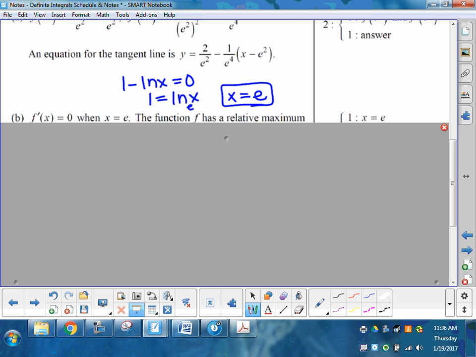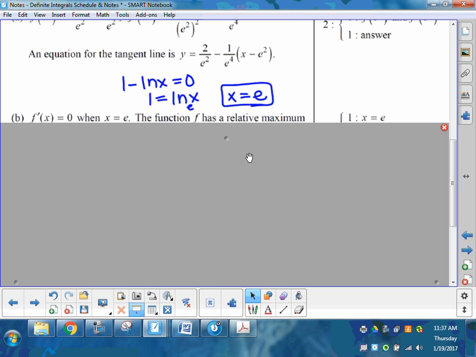That's the first part. In order to figure out whether it's a relative max or a min, what do you need to show? Let's show a sign chart. What inputs could you pick? I picked ones that would make it really easy, maybe e to the 0, then e to the first, and then e squared, and you'd evaluate it out.